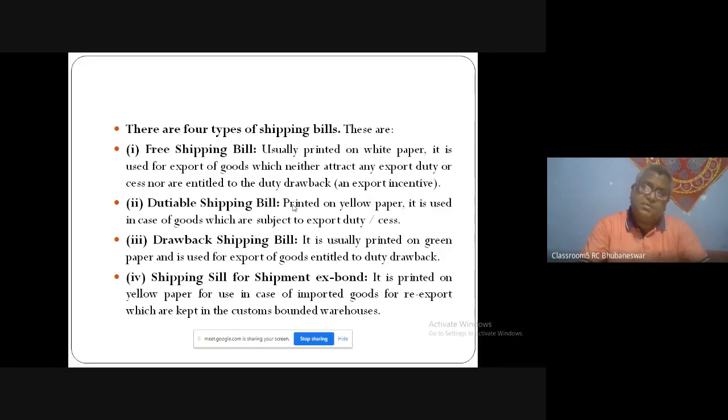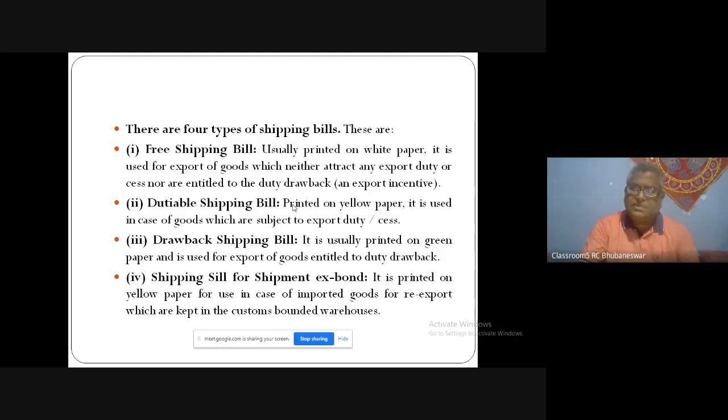In a shipping bill, there are different types of documentation. There is the free shipping bill, the dutiable shipping bill, the drawback shipping bill, and the shipping bill for shipment of exports. The free shipping bill is like a white paper, where no export duty is attached and no particular export incentive is required.